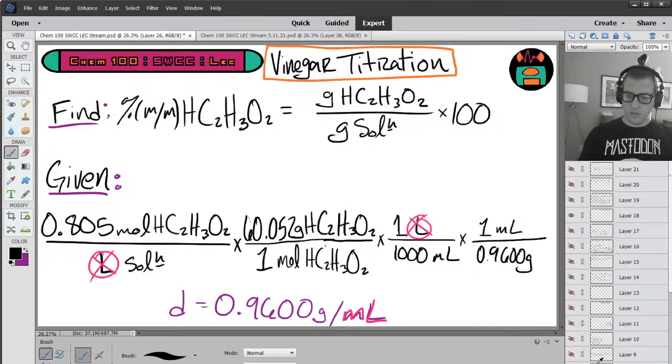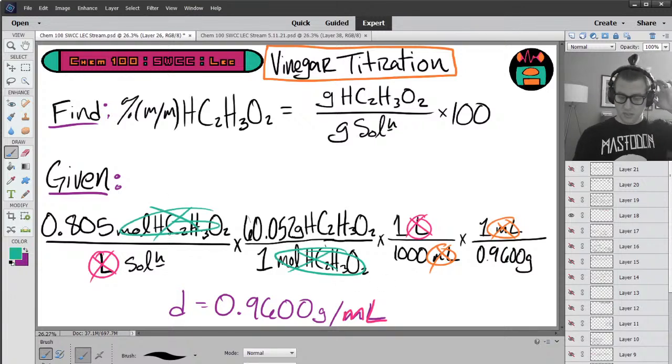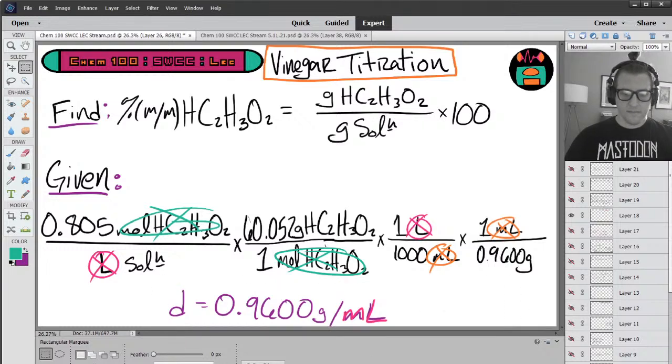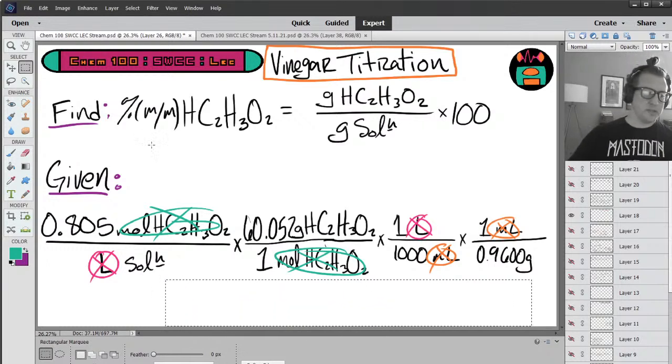So milliliters cancel milliliters. Moles of acetic acid cancel moles of acetic acid. We're ready to crunch some numbers.